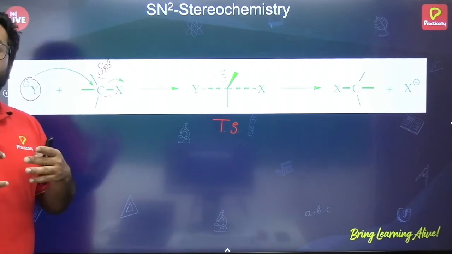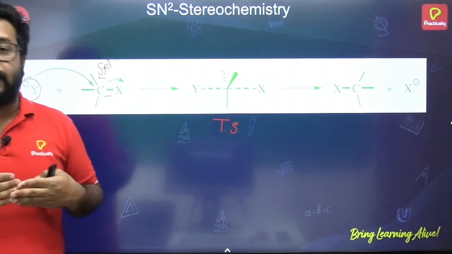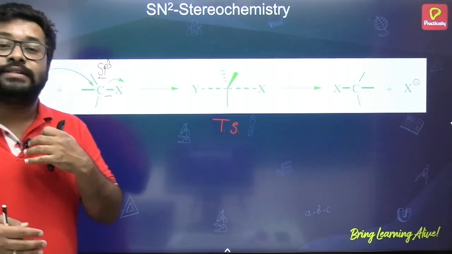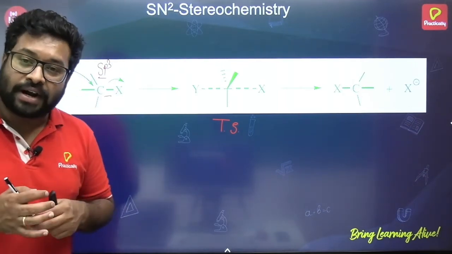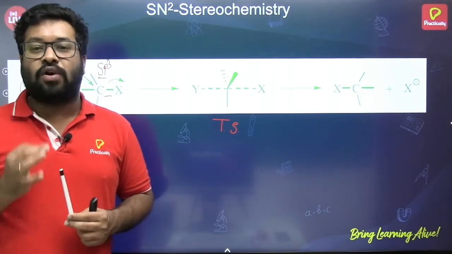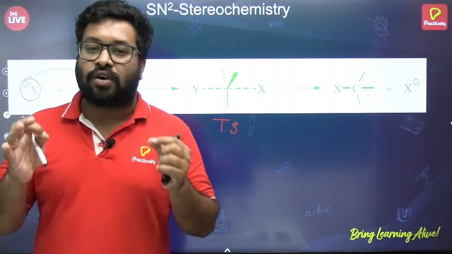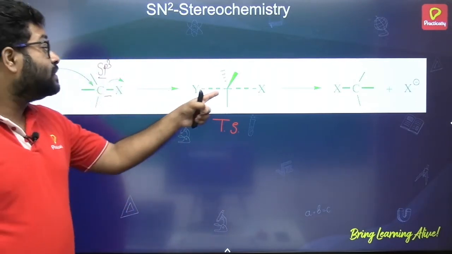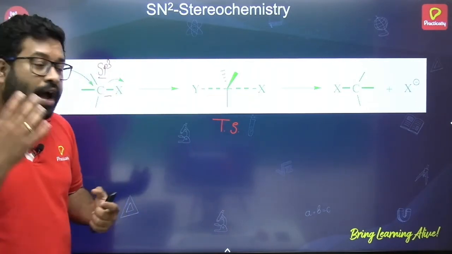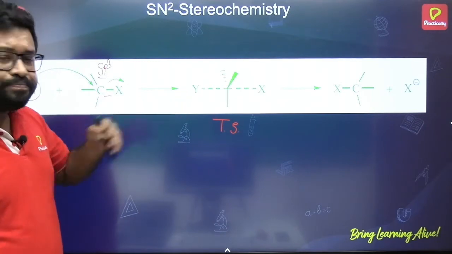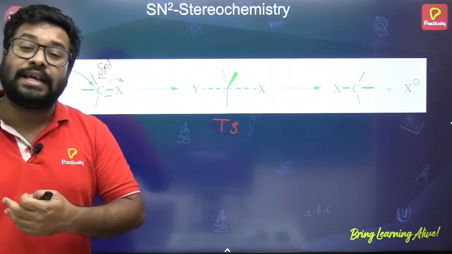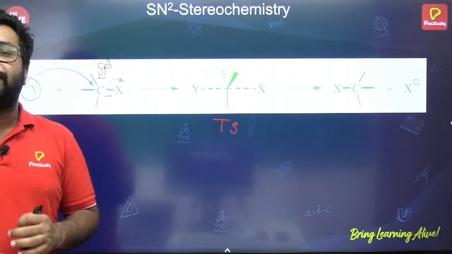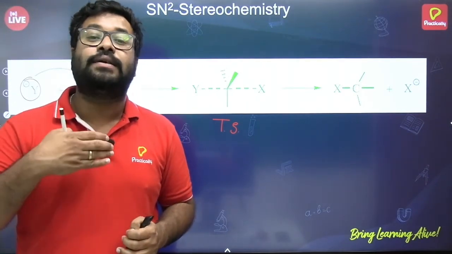Now there is a deposition of electron density into the bonding orbital of the Y and C bond. But at the same time, there is also a deposition of electron density into the anti-bonding orbital of the C and X bond. That is why slowly the bond between C and Y starts forming, and at the same rate, the bond between C and X also starts breaking.